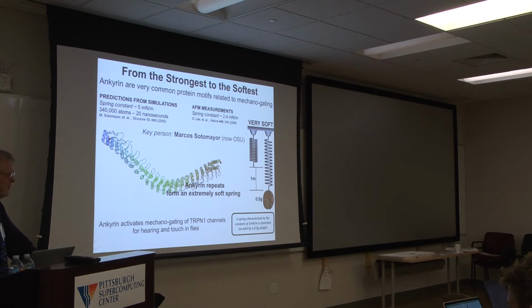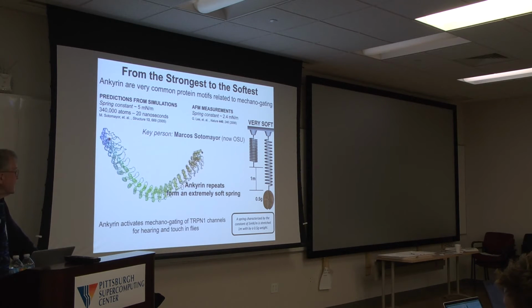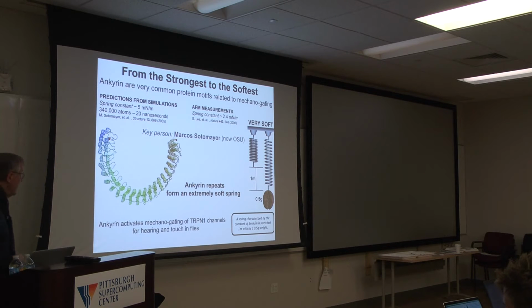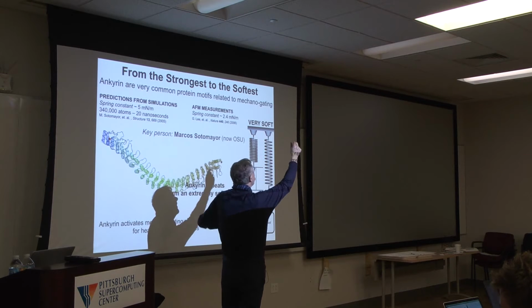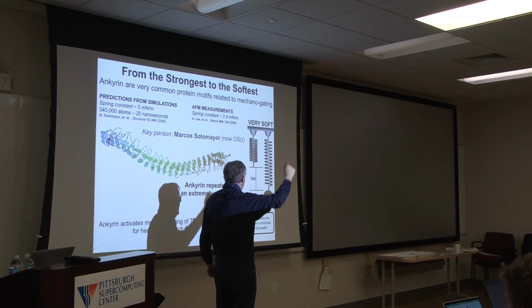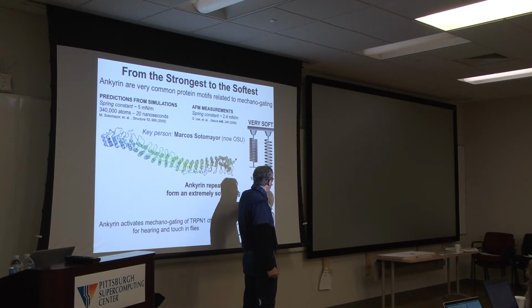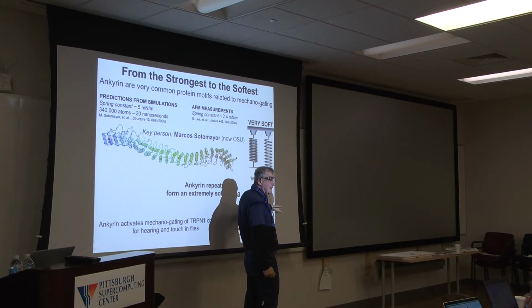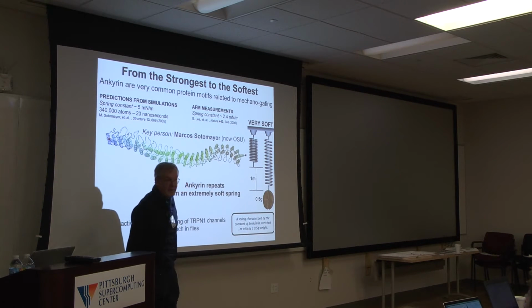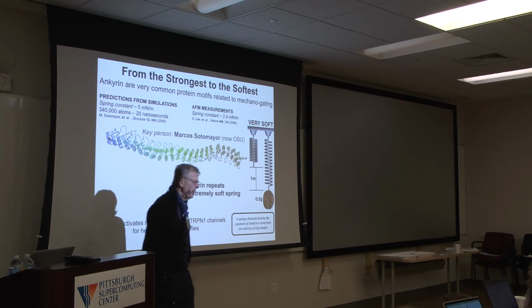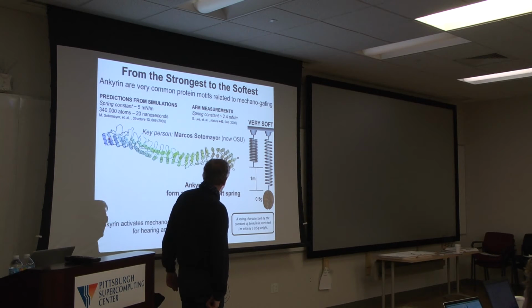And what we found is this is the softest spring people have ever seen. So basically, if you have a spring anchored from the ceiling, and you put a coffee bean on it, then the spring extends by 1 meter in gravity. So it's a very, very soft spring.